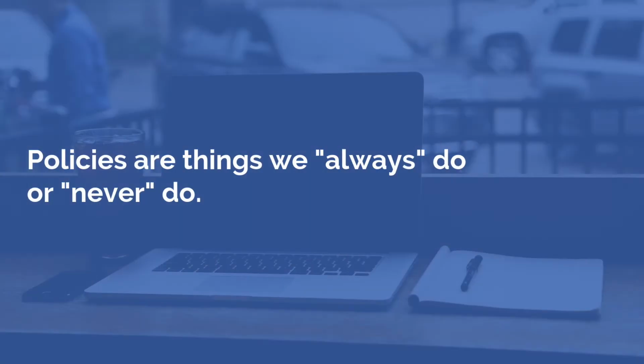Now, on some systems, the system and the process may be the same thing. In others, the system may have several processes, and each process will have some procedures. And then you may have some governing policies that everything within this system works under. So policies are things we always do or we never do.